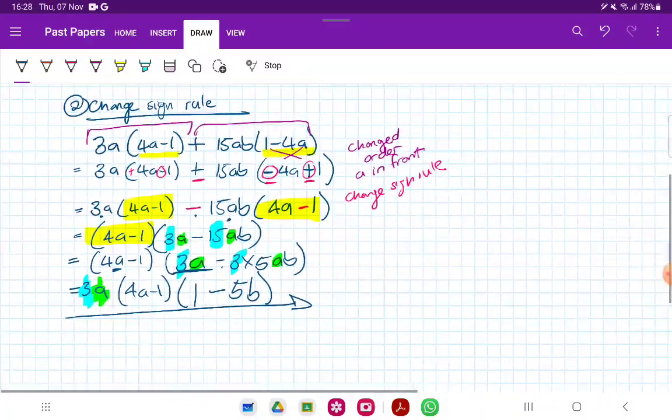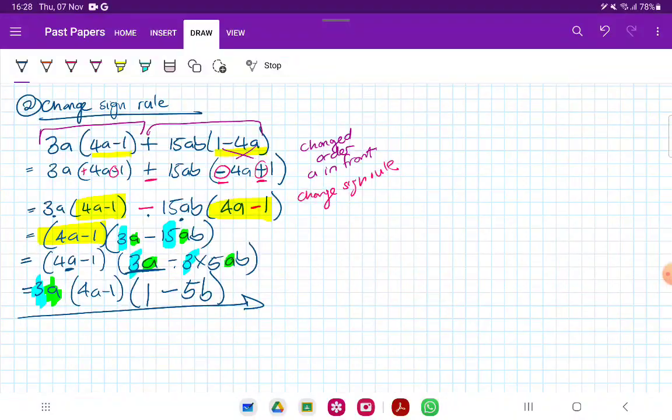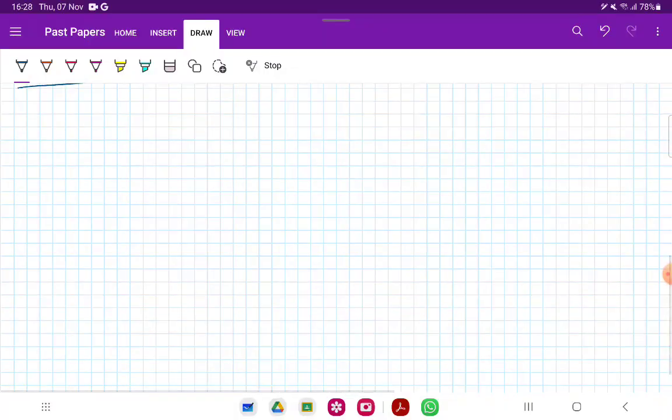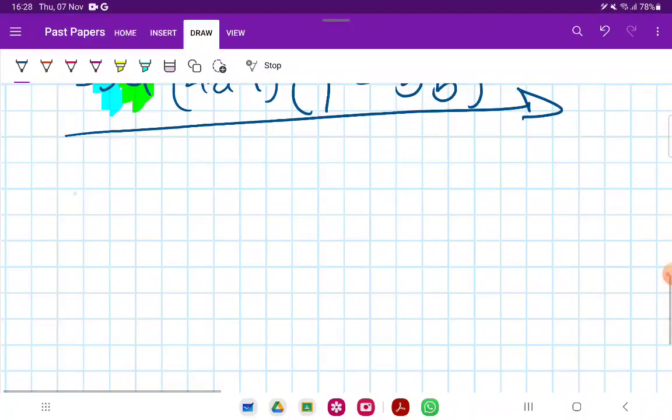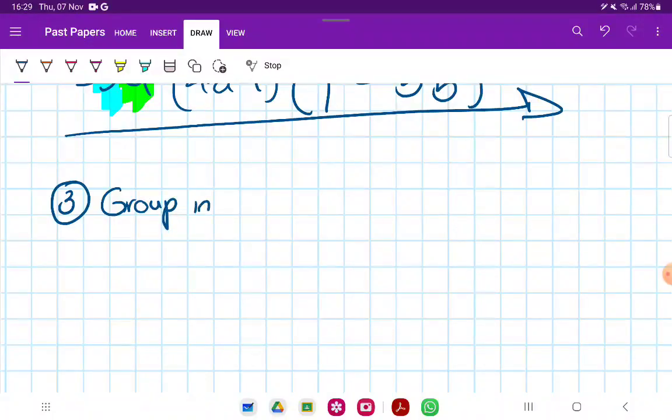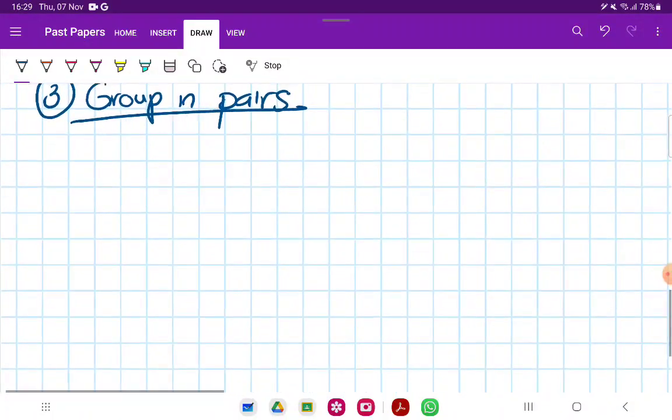This is the change sign rule. All right, so the next thing we want to look at is how to group in pairs. Number 3 in terms of factorization is group in pairs. To group in pairs, you are going to have 4 terms.